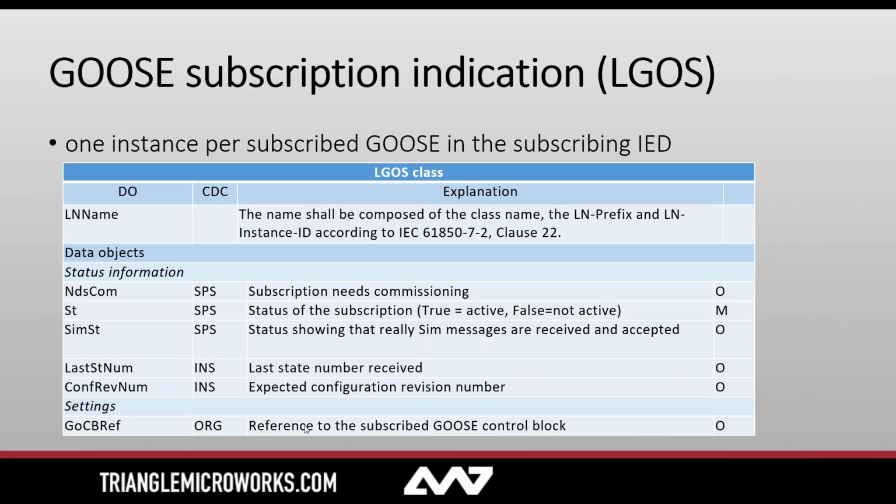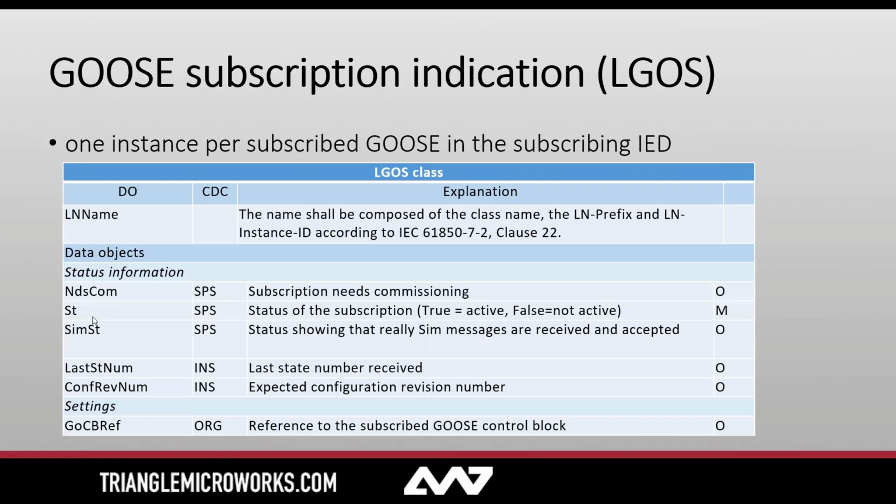As I mentioned before, if my SCU, my switch control unit, is receiving 6 different Goose messages from 6 different devices, it will have 6 of these logical nodes, each of them configured to one of the Goose control blocks of the sending device that it has to subscribe to. And in the St here, it will indicate that it receives it, that the subscription is working, that it gets the data.